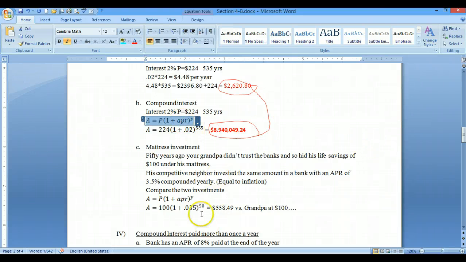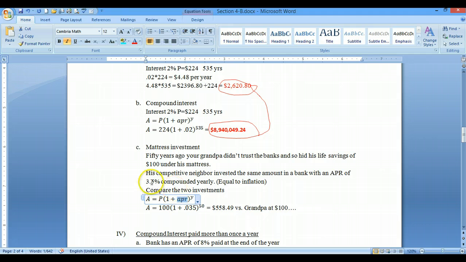So I can just copy and paste once I have it written up with my equation writer. And for your homework supplement, you can just start taking out these numbers and putting in what you have. So it was compounded yearly. So my principal, he started with $100. So I'll type that in.